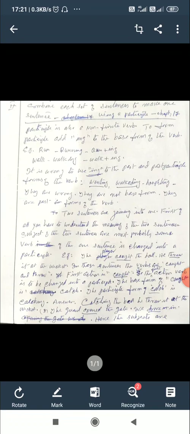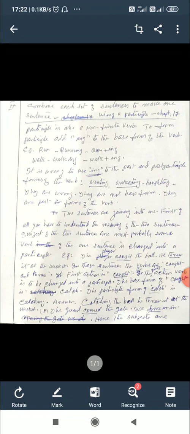The guard having opened the gate, we drove in. Here also opening is the first action. So we make it a perfect participle, that is having plus past participle, having opened.